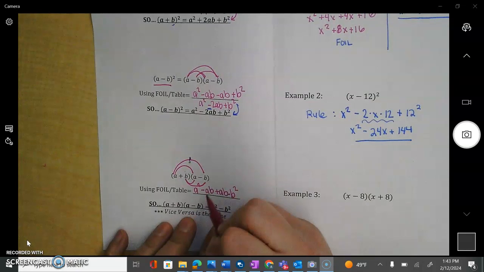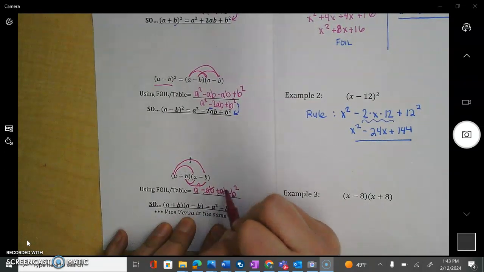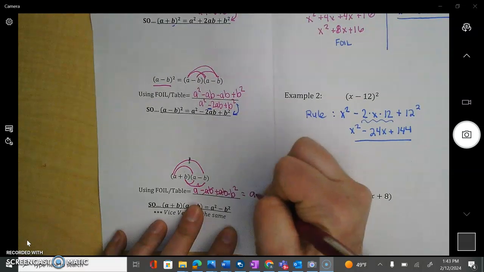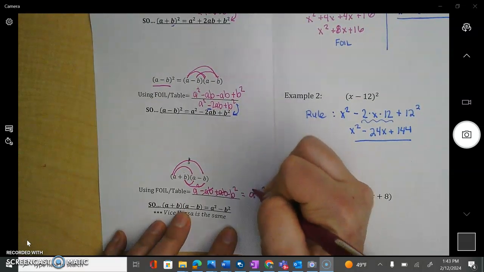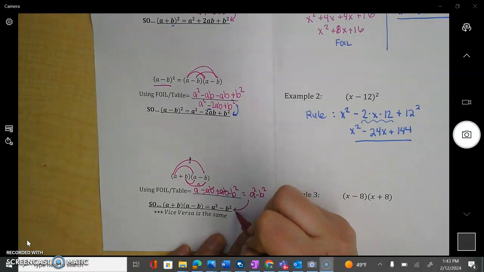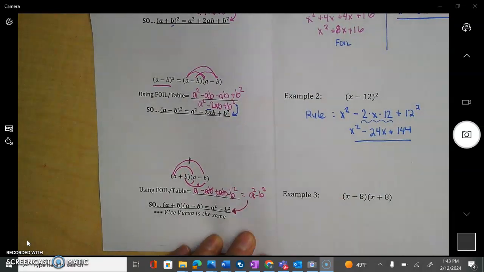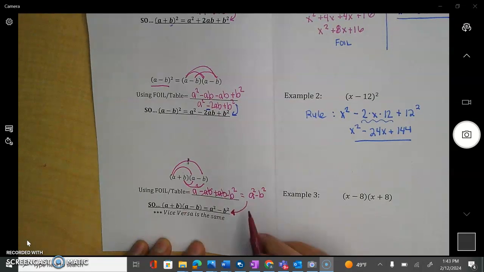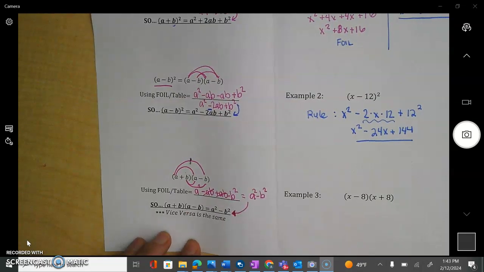Okay, if I were to simplify that, the ab terms cancel out, one's negative, one's positive, and then you end up with a squared minus b squared, which you can see here as the rule. I notice I wrote vice versa is the same. That just means a minus b times a plus b would use the exact same rule.